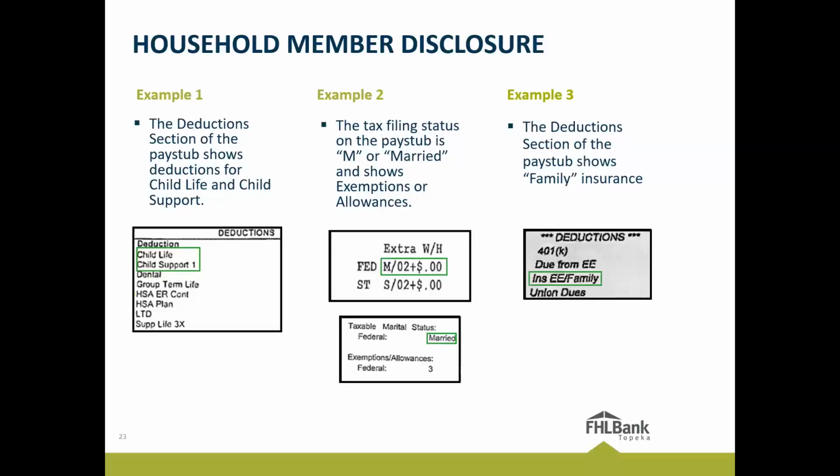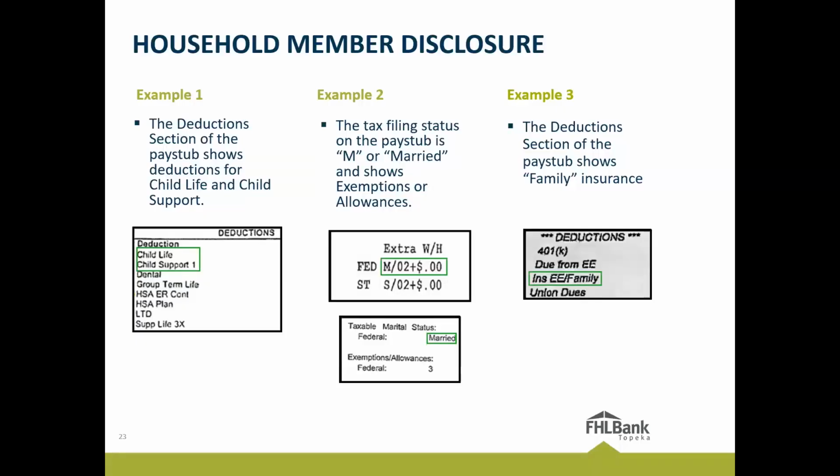Example 3, the deductions section shows family insurance. So again, if the reservation was submitted as a one-person household, then the analyst is going to ask about this deduction for family insurance, expecting that there would be other household members in the household.